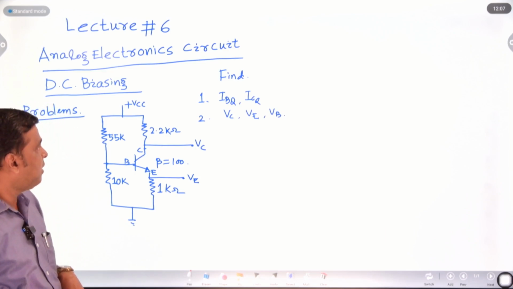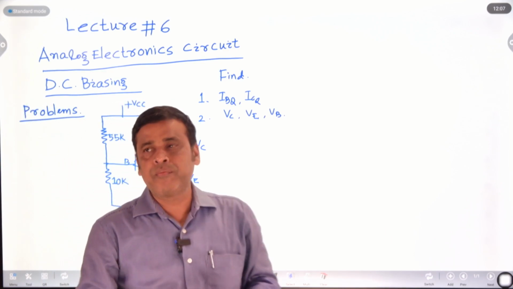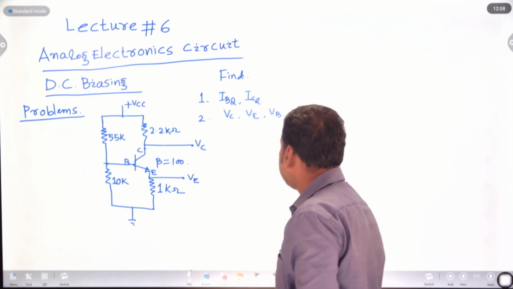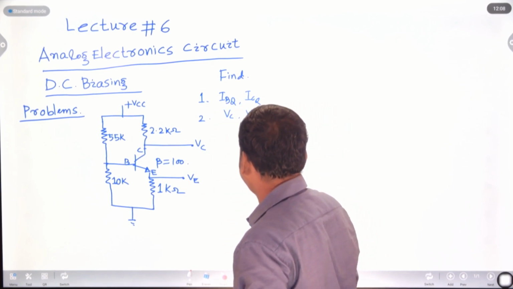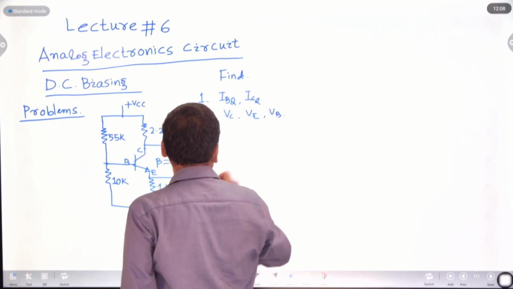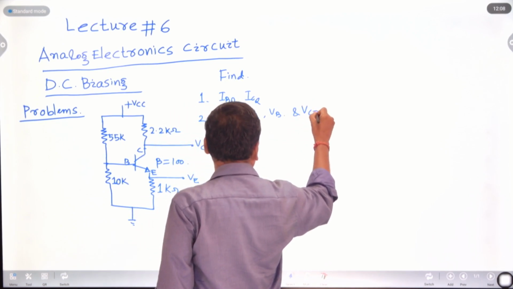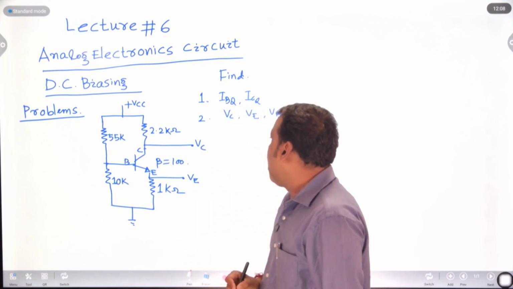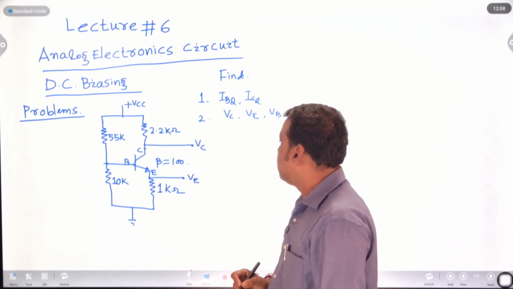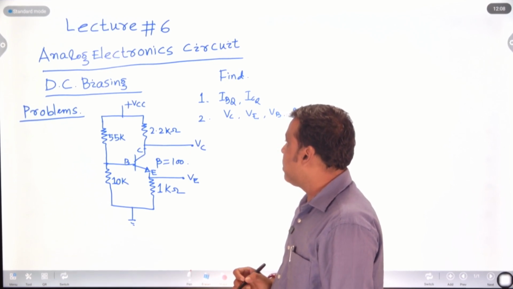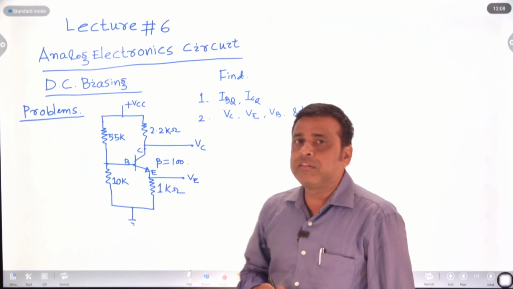We have to calculate the value of the DC currents, like base current, and the collector voltage, emitter voltage, VB, and also VCE, the collector emitter voltage. So how will you calculate the DC currents and DC voltages?